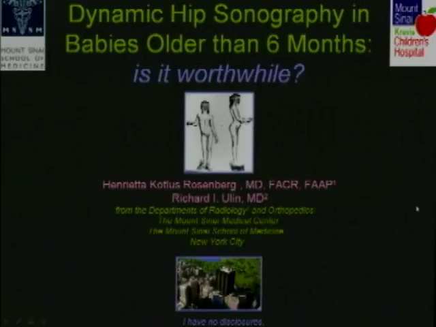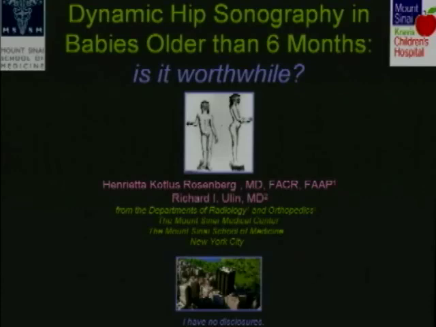So we were concerned that there were babies who were going on and getting x-rays when perhaps in this day and age, where we have better probe technology, we could obtain images with a lower frequency probe.